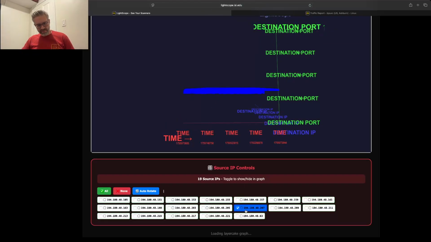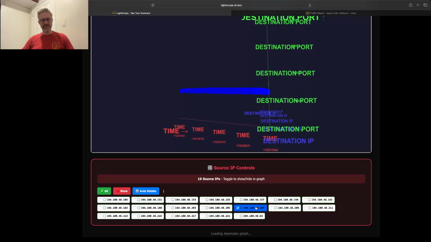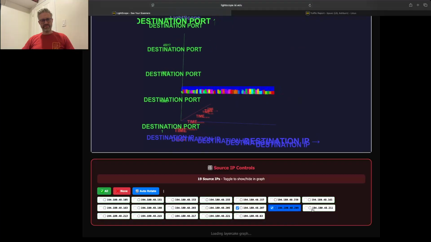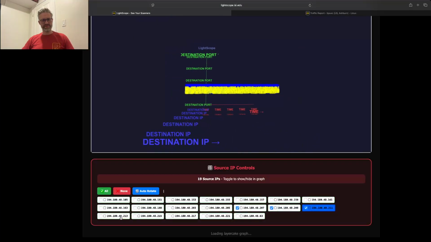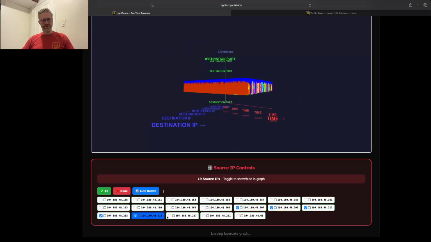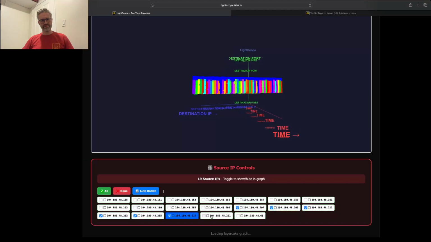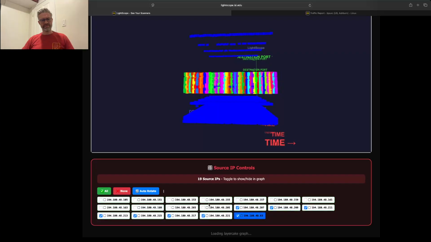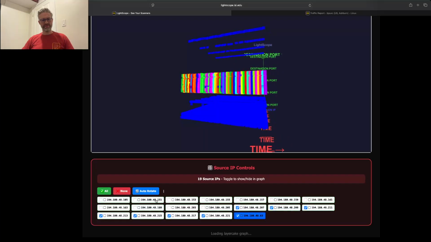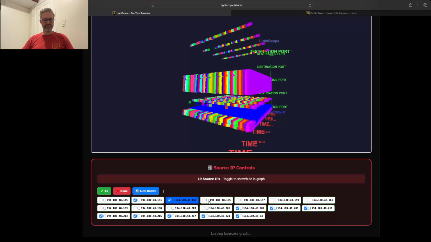This particular IP, this 194.207, was only scanning this port range. But different IPs that were part of it, and this is why I call it layer cake, each one was responsible for some subset of ports. And this is across a whole bunch of different IP addresses, sensors we had.